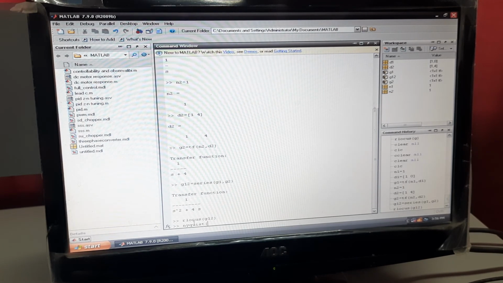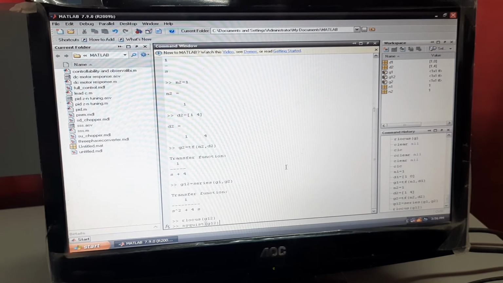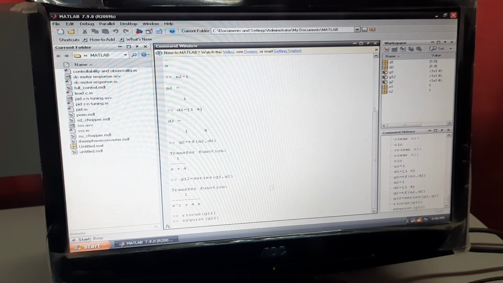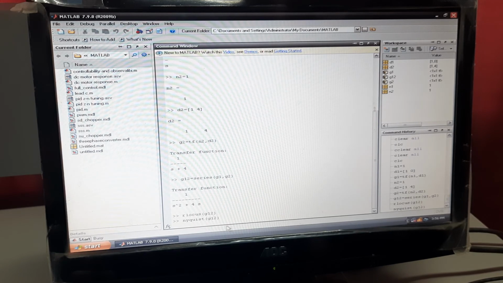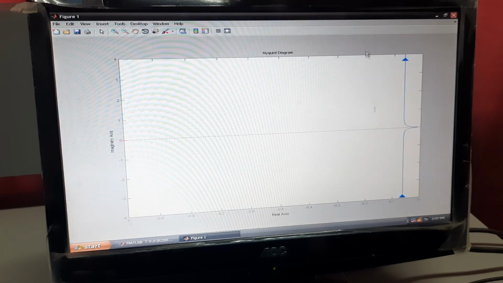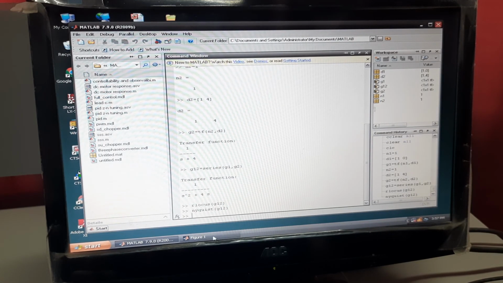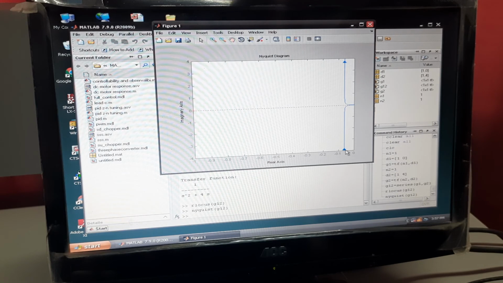Nyquist of G12. Here you get, wait for some time. See, this is the plot we are getting here. Actually, in our class we had a phase 1 plot.